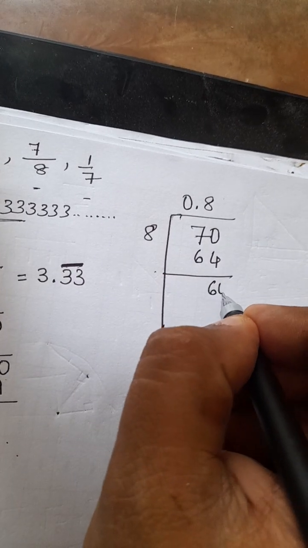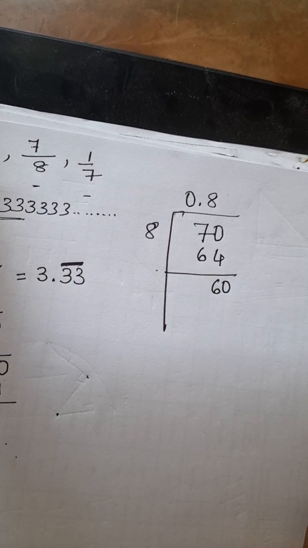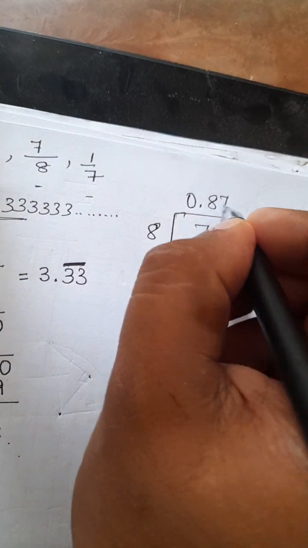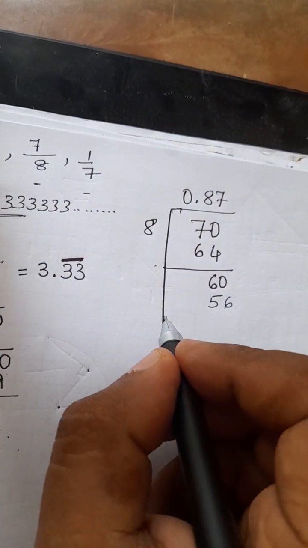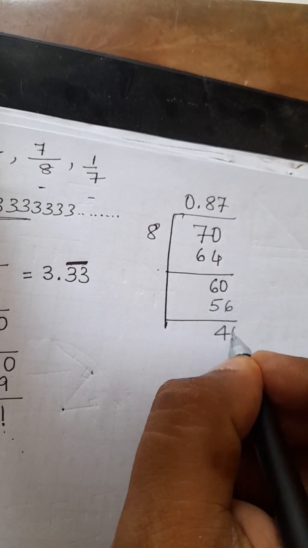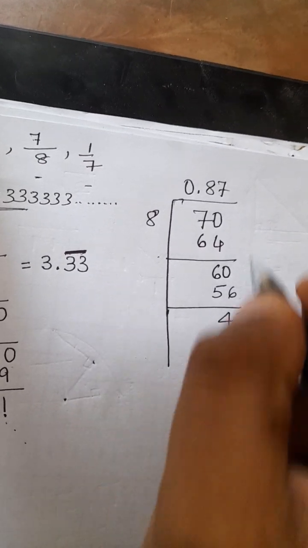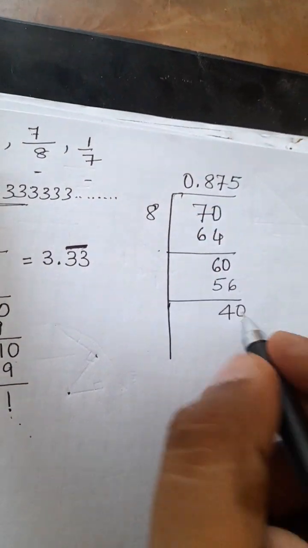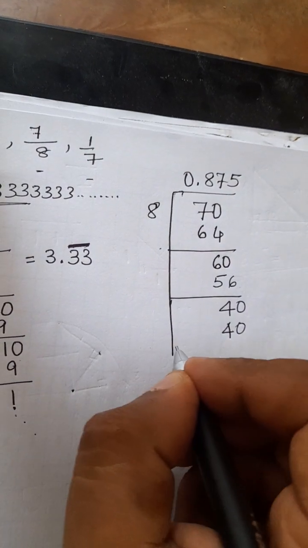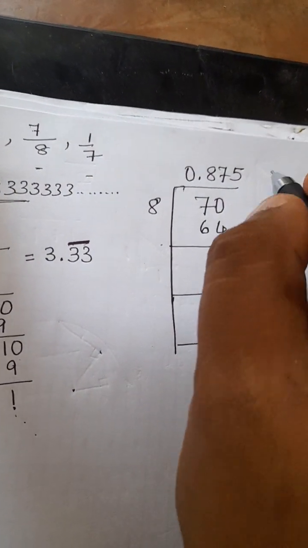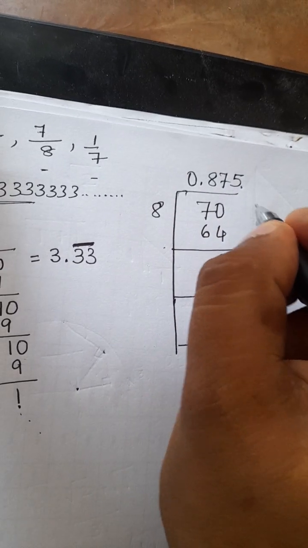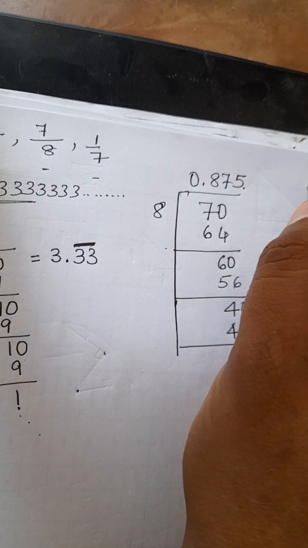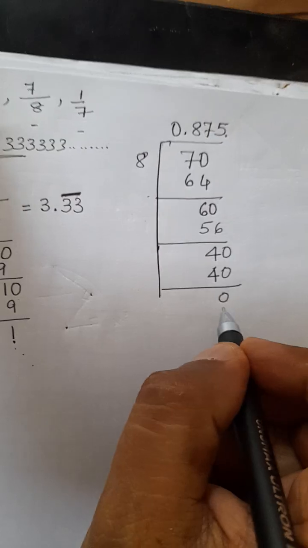Add a 0. 8 7s are 56, so I am left with 4. I add a 0. 8 5s are 40, so 0. I am left with 0, so this has terminated here. There is no continuation of numbers because I have already got the remainder as 0.